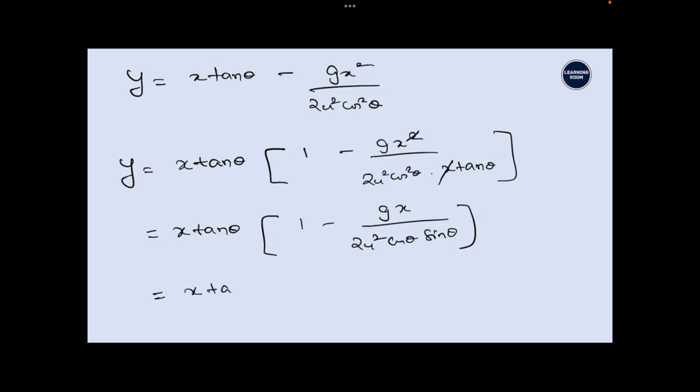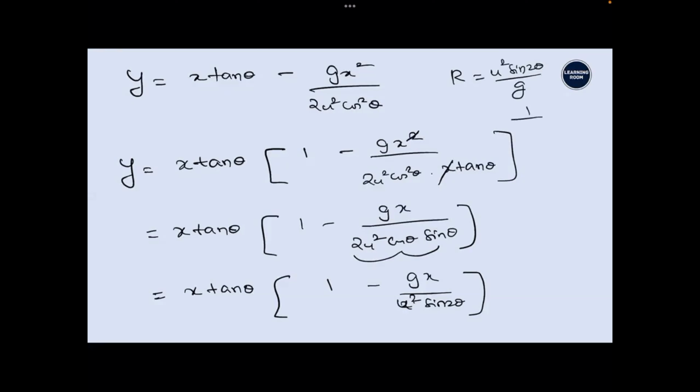So this will be equal to x tan theta into 1 minus gx divided by, what is 2 cos theta sin theta? Can I write this as u square sin 2 theta? See, what is the formula for range? U square sin 2 theta by g. Then the formula for 1 by R is g divided by u square sin 2 theta.